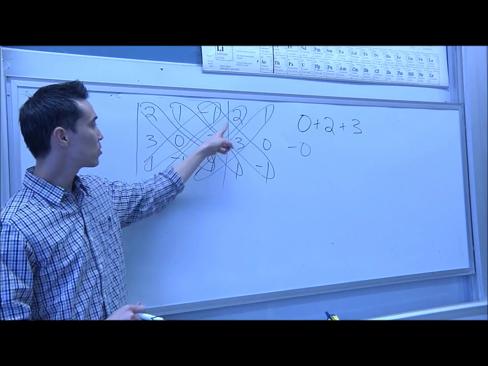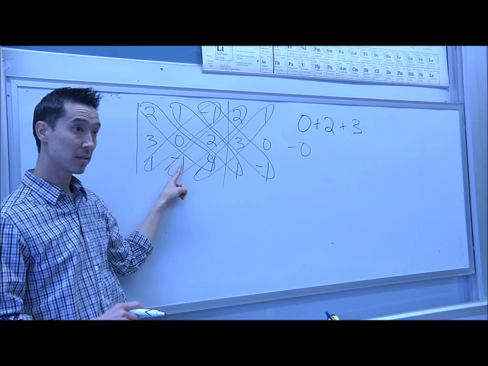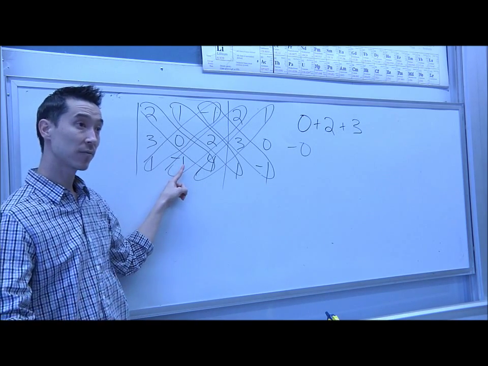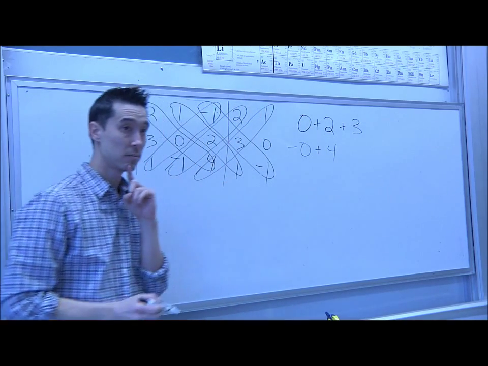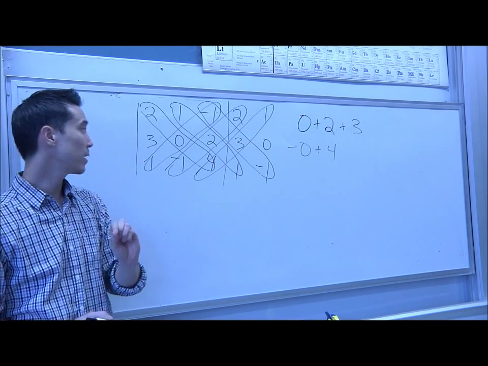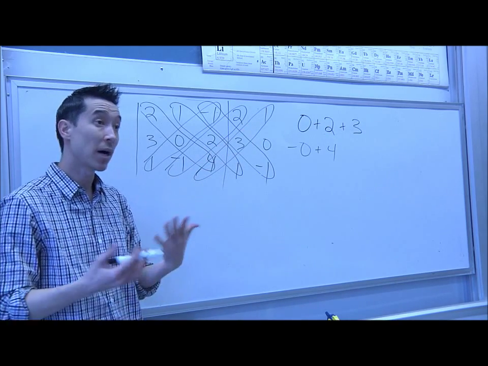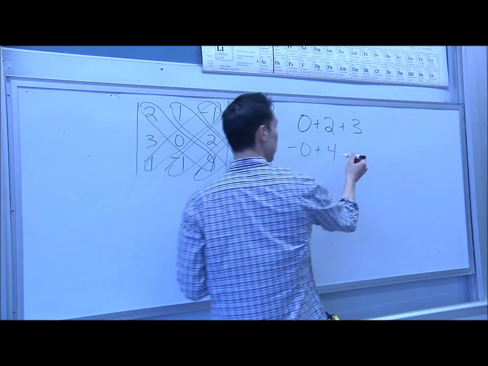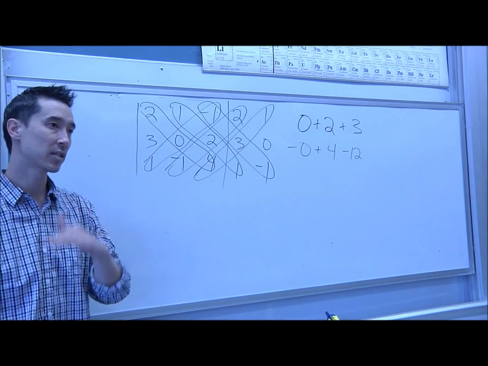Negative 1 times 2 times 2, that's negative 4, right? Minus minus 4 is? Plus 4. Okay? So I'm subtracting negative 4. 4 times 3 times 1 is 12, positive 12, so I subtract 12. Plus, plus, plus, minus, minus, minus.